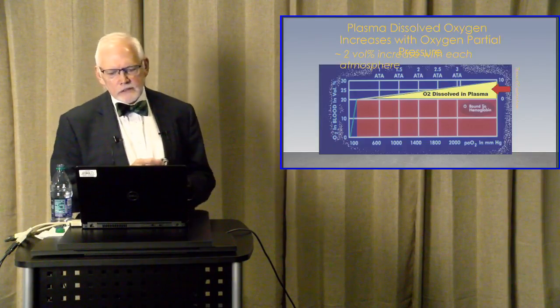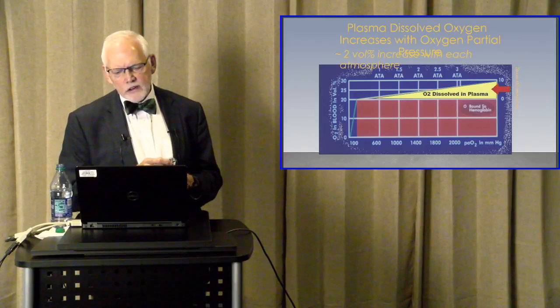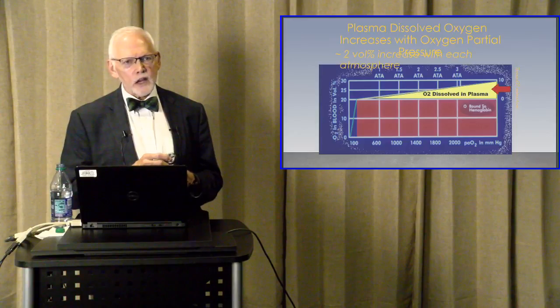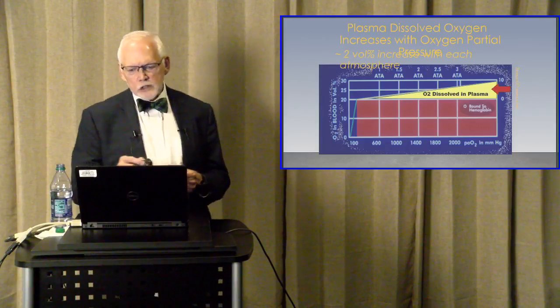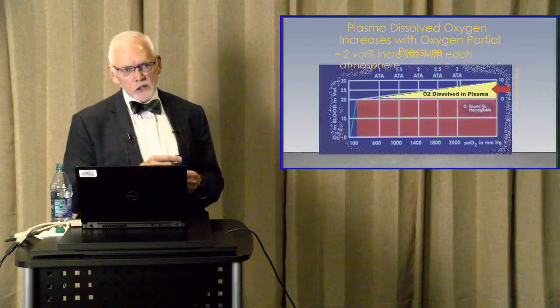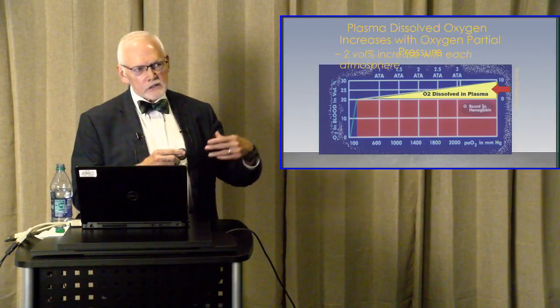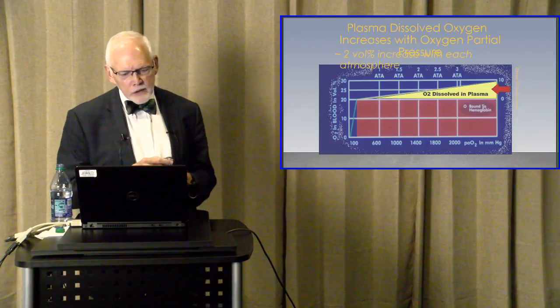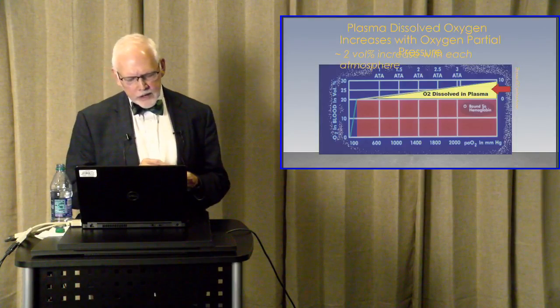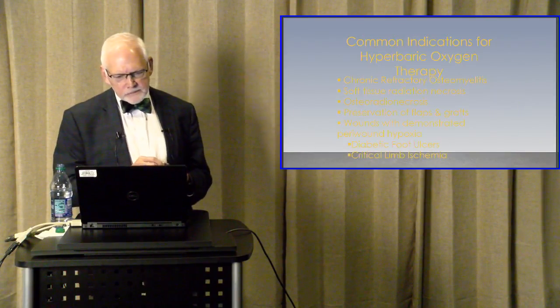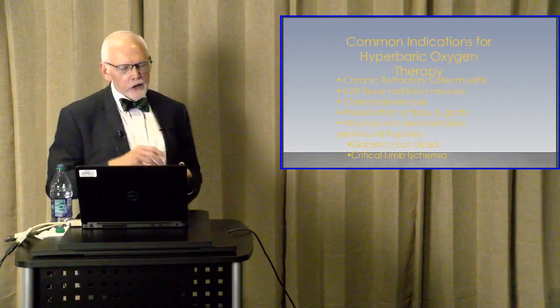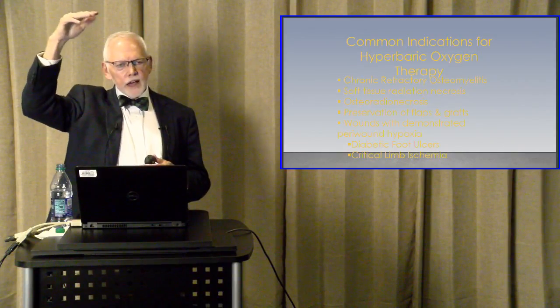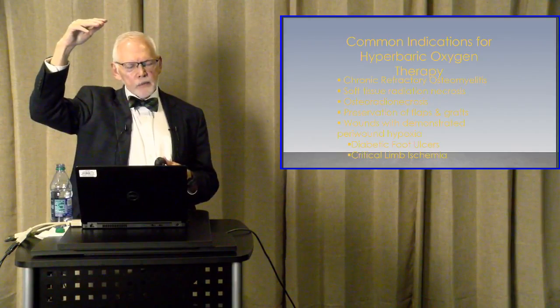I think he was at 3 atmospheres of pressure, and the pigs were perfectly happy running around the chamber with no problems, because you only extract about that much oxygen or less from blood as it's pumped through the system anyway. So that's what we're trying to do: increase the dissolved oxygen in plasma and create a gradient so that we've got lots of oxygen in the blood and the plasma.